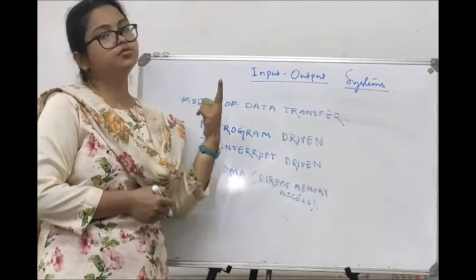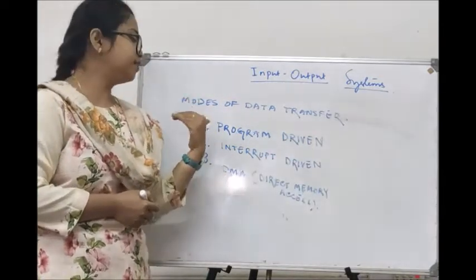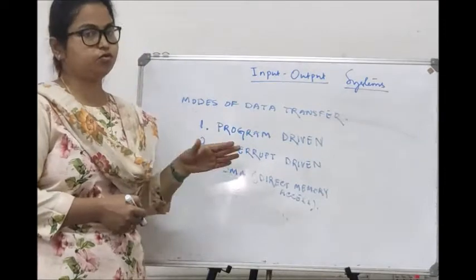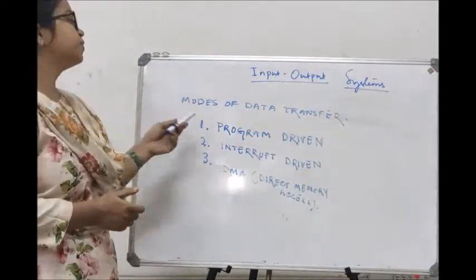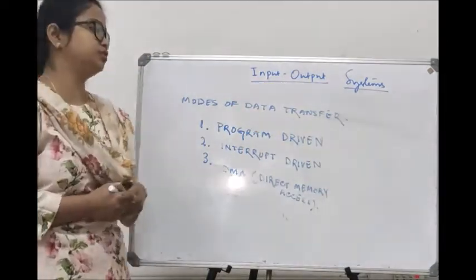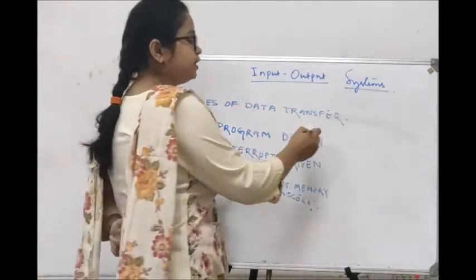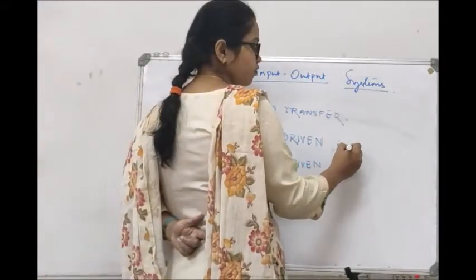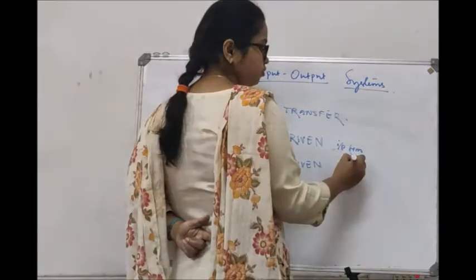Data moves from I/O to memory, and from memory to I/O, to project it to the output devices. So there are three modes of data transfer.